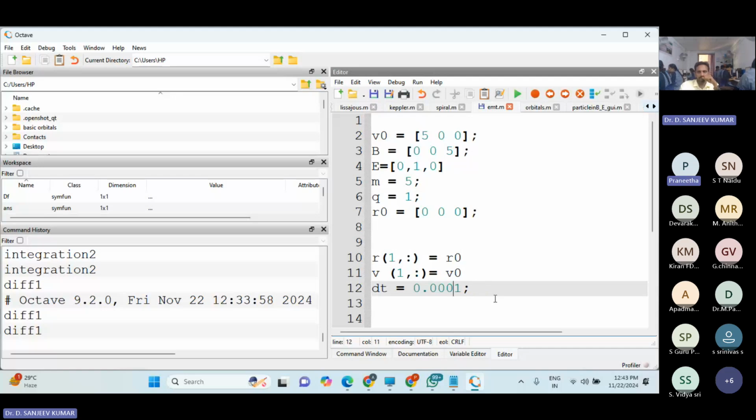It's the time interval, 0.0001. Equal to 601.